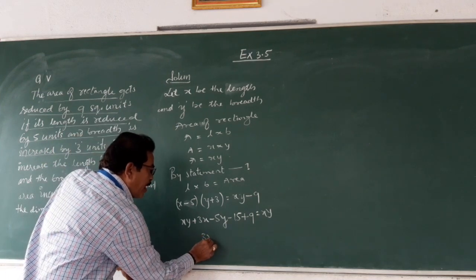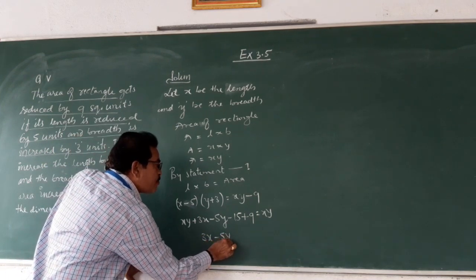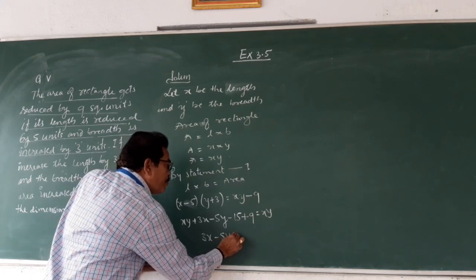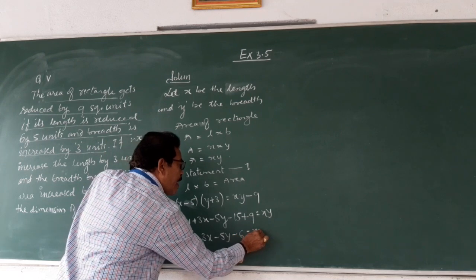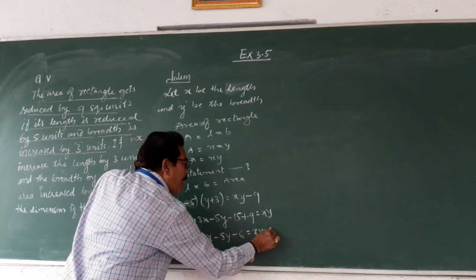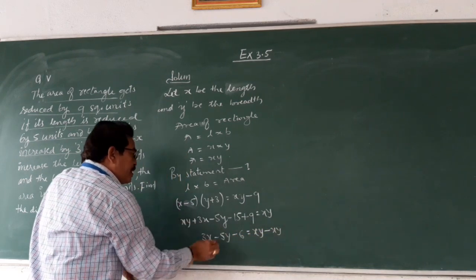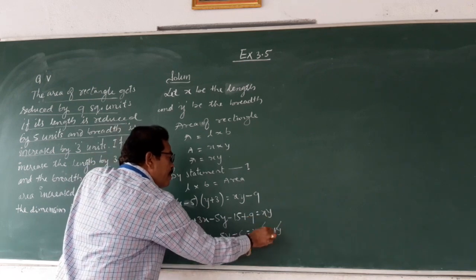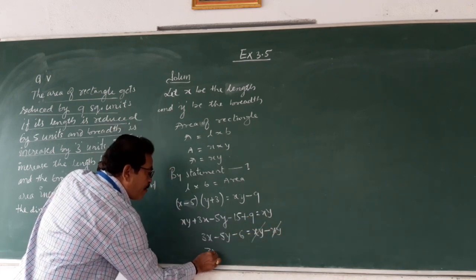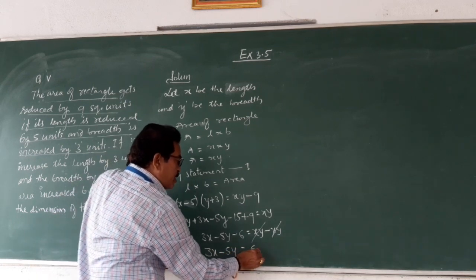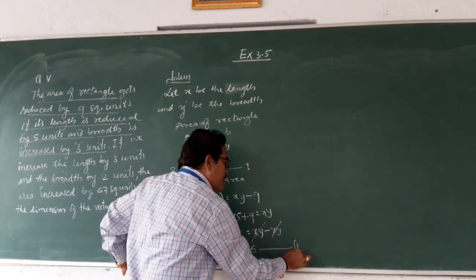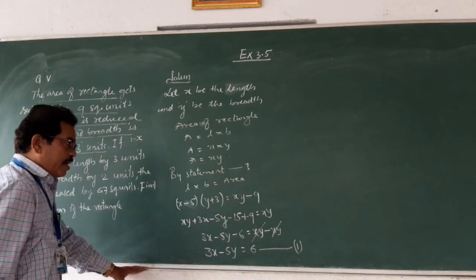So 3x minus 5y minus 6 equals xy minus xy. xy is being transferred, plus xy minus xy. Therefore 3x minus 5y equals 6. This one is equation 1.